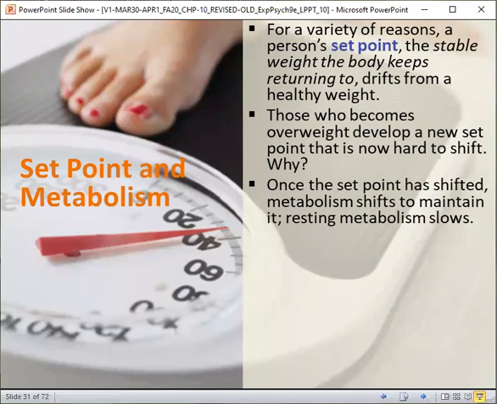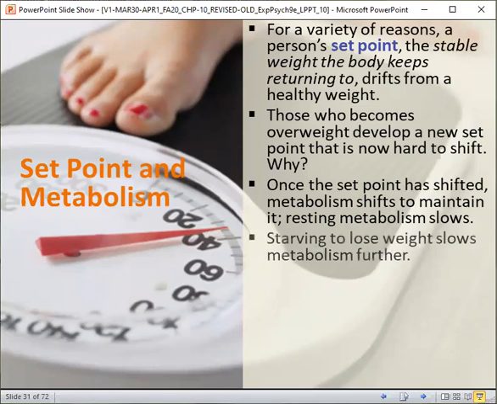The idea is that you eat a donut, and if it's a fast metabolism, it'll get rid of that donut before your class is over. But if it's a really slow metabolism, it'll hang on to it because it's working really, really slow. It's more likely to turn into some fat. All right, so once the set point has shifted, metabolism shifts to maintain it, and the resting metabolism slows, which is going to make it very, very difficult for you to lose weight.